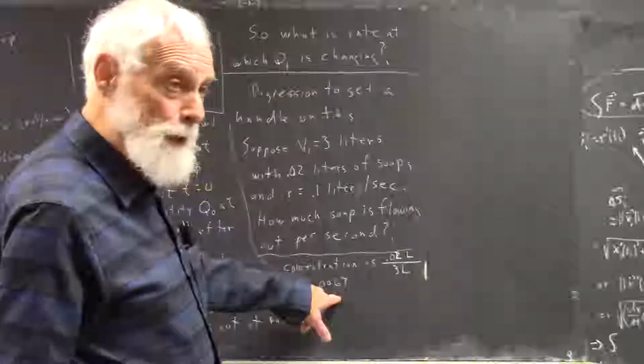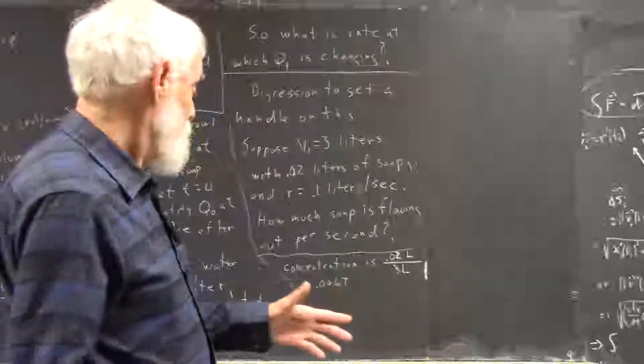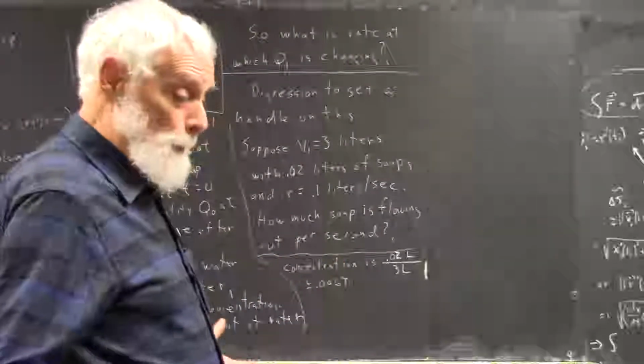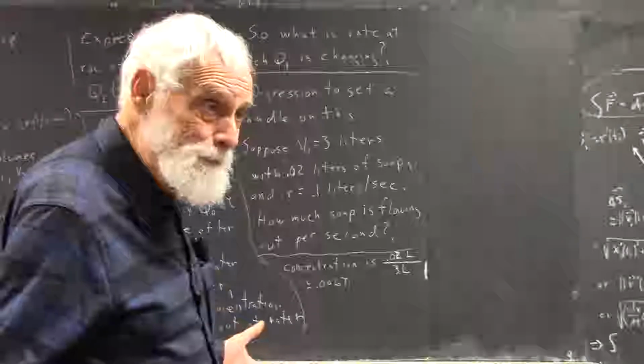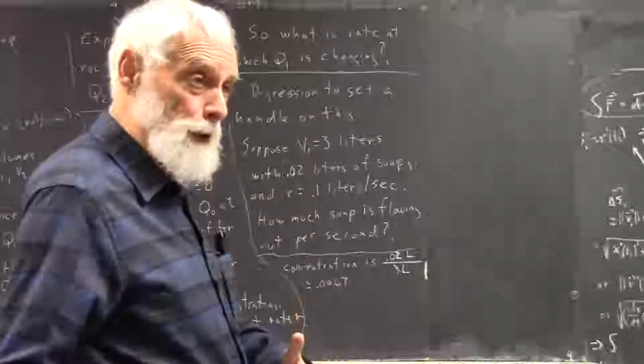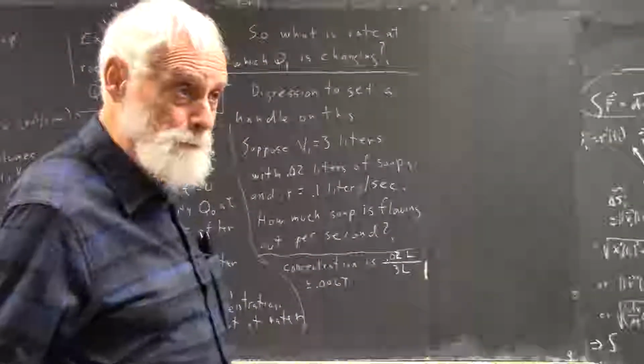Now, if you multiply that by the volume that flows out, you're going to get how much soap flows out.